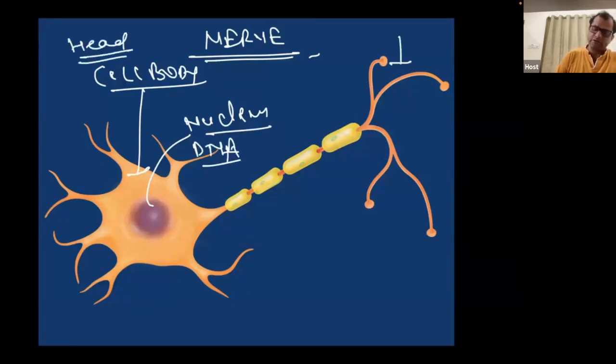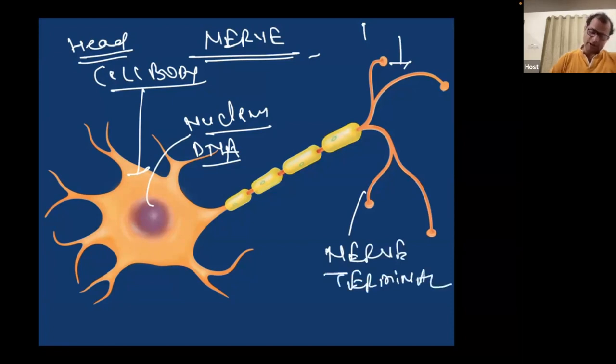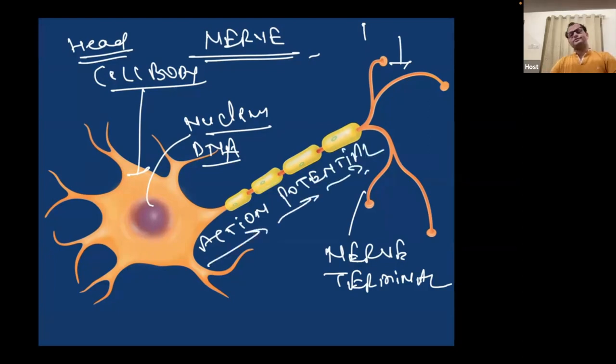And here we can see the tail of the nerve, or we can call it the nerve terminal. And the electric current which is passing through the nerve is called action potential. So electric current is coming like this.